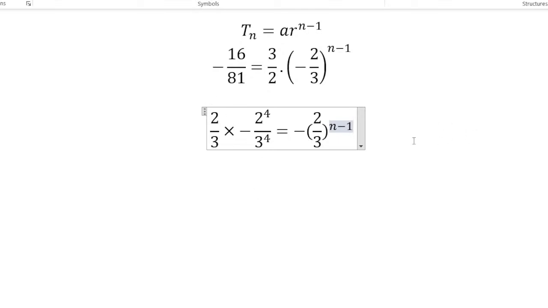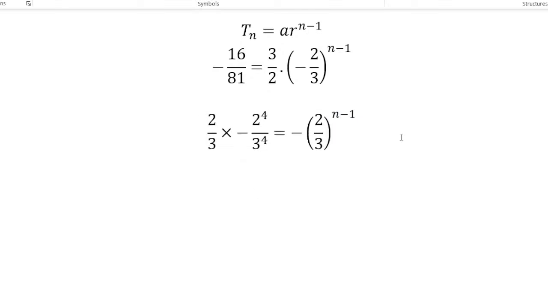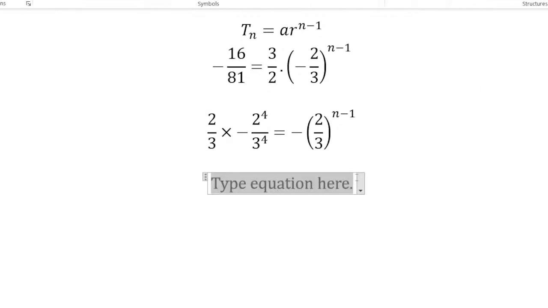Now on the left hand side, remember, when the bases are the same, we take a single base and add the exponents. That is the exponential law or principle. Now if we divide by -1 on the left hand side and on the right hand side, we're going to remove this negative.